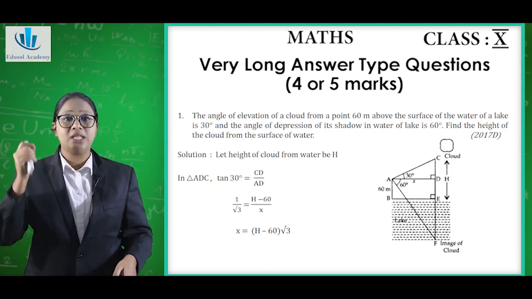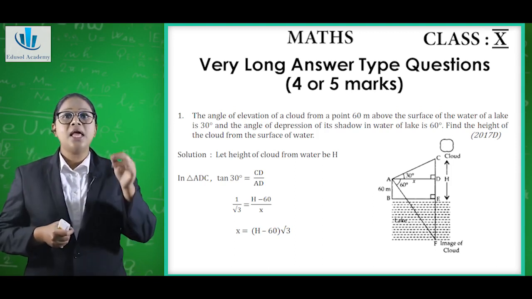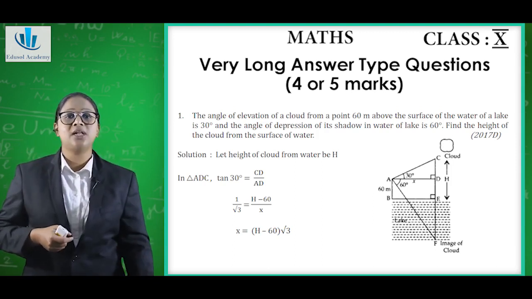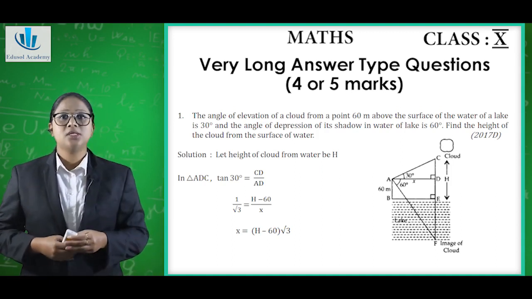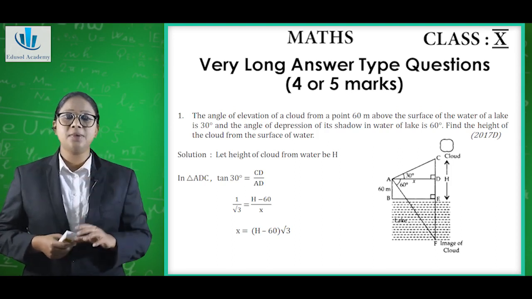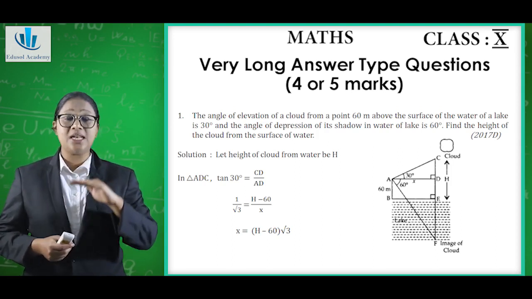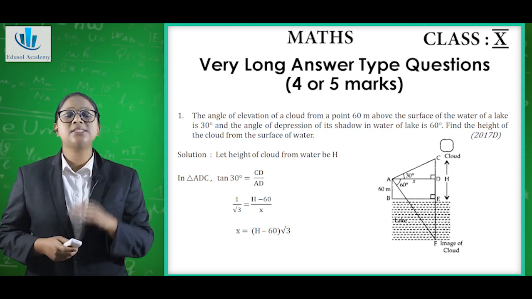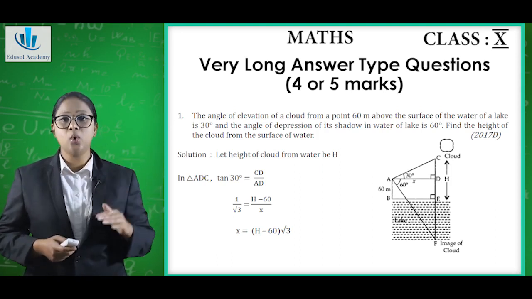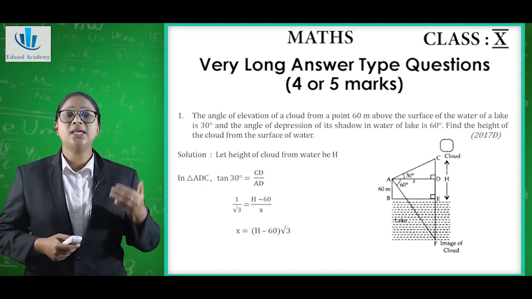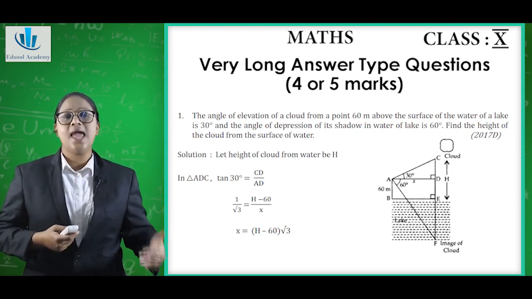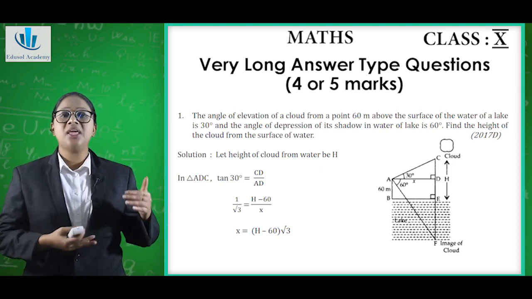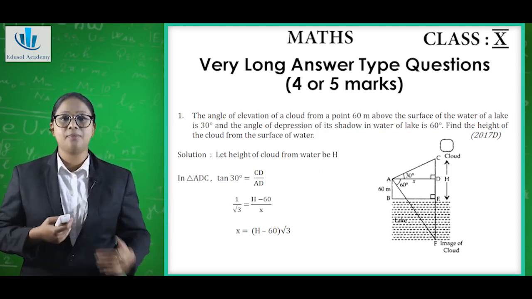So the line of sight will be from A to below the water level at a distance h as shown in the figure. So AB is that 60 meter above the water level. Then AC is the line of sight to the cloud and CE is the height of the cloud from the water level and EF is height of the image below the water level.